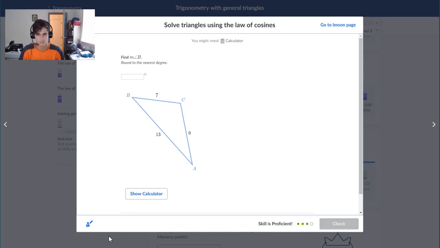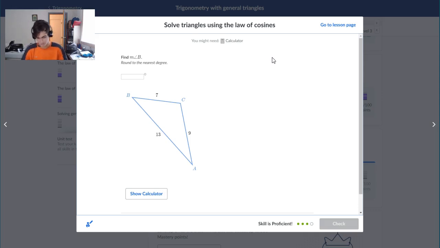So we have to figure out the angle given all the sides. So we have to find angle B, so this angle right here. So let's begin by filling in all of the unknowns or variables. So we have 7 squared plus 13 squared minus 2 times 7 times 13 cosine theta, and 9 squared.